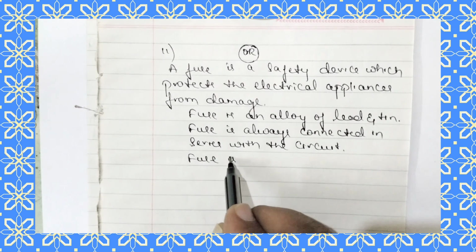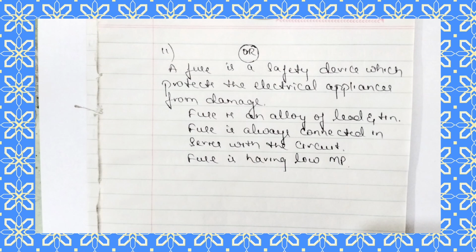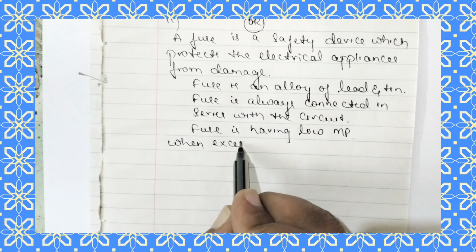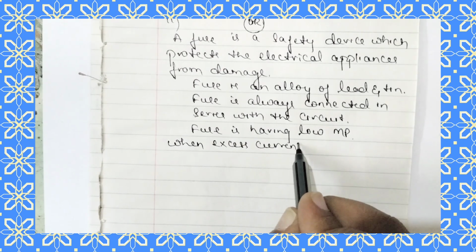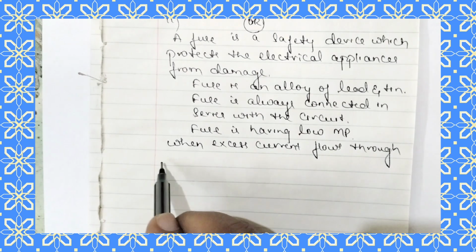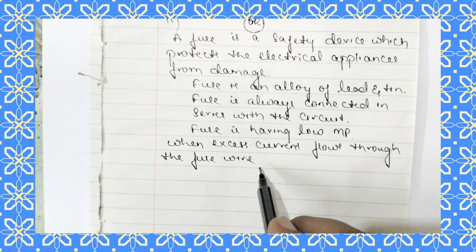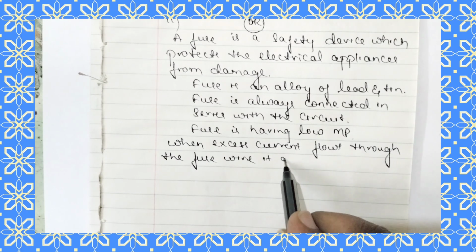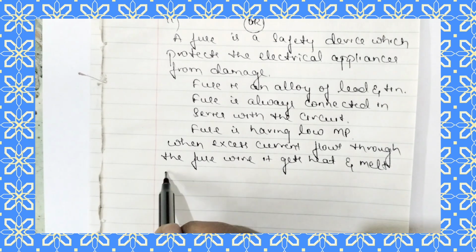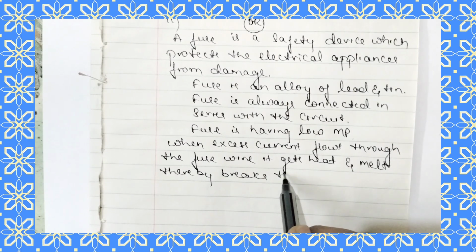Fuse is having low melting point. When excess current flows through the fuse wire, it gets heated and melts, thereby breaking the circuit.